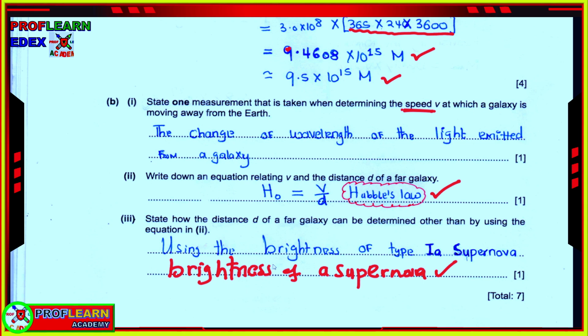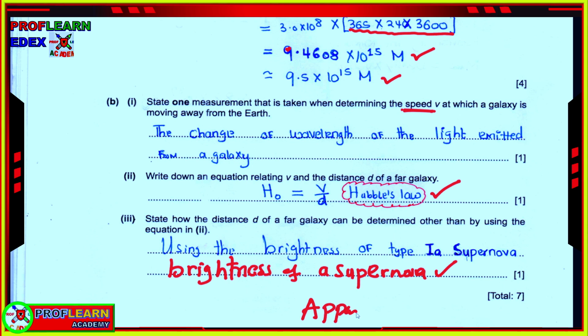Then if they want to know the distance, how far the galaxy is, because a supernova is inside a galaxy, they are going to use the formula: apparent brightness, which is measured. They can measure apparent brightness.